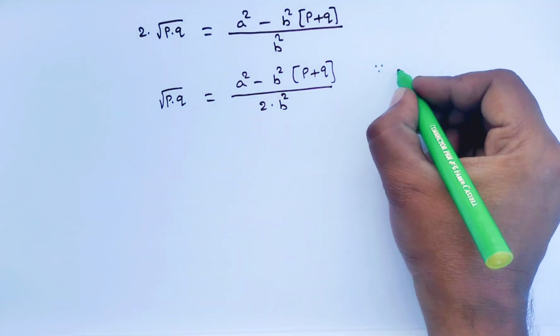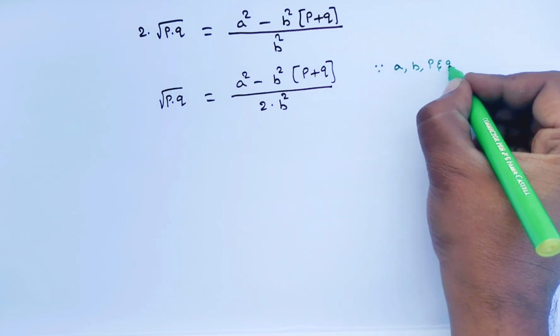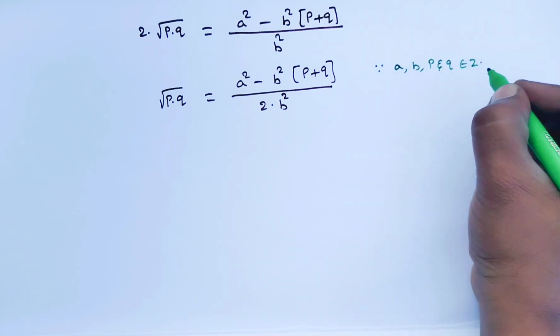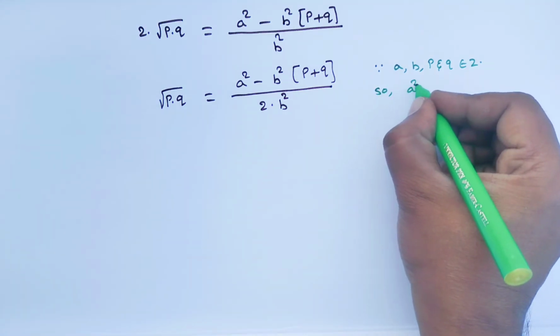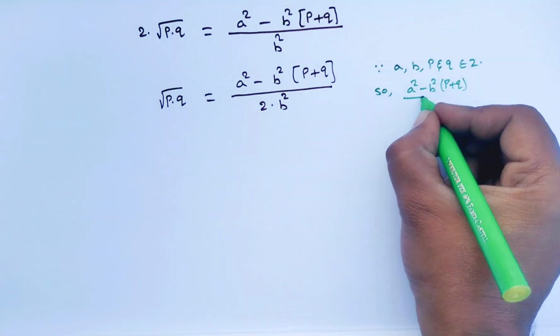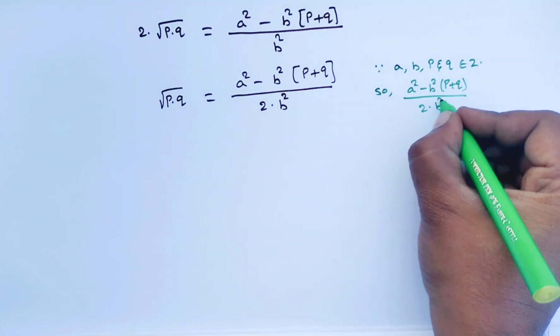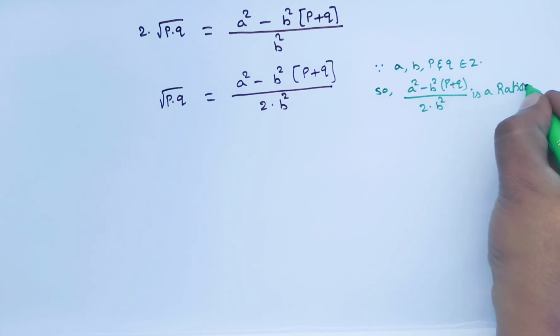Since a, b are integers and p, q are primes, clearly a squared minus b squared of (p plus q) is an integer, and divided by 2b squared it is in the form p by q, a rational number.